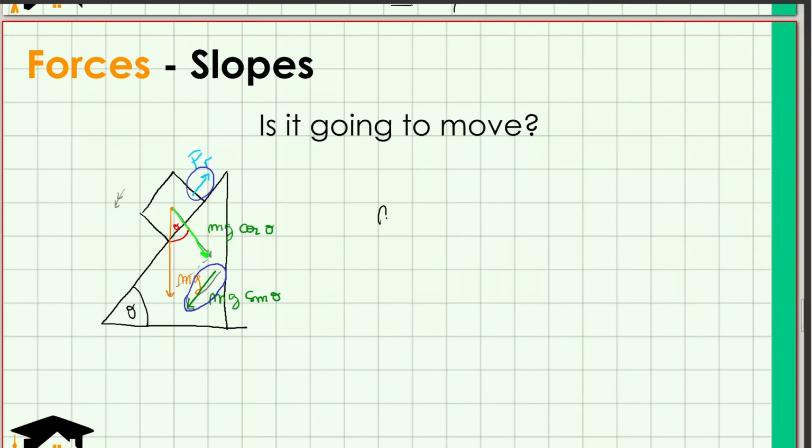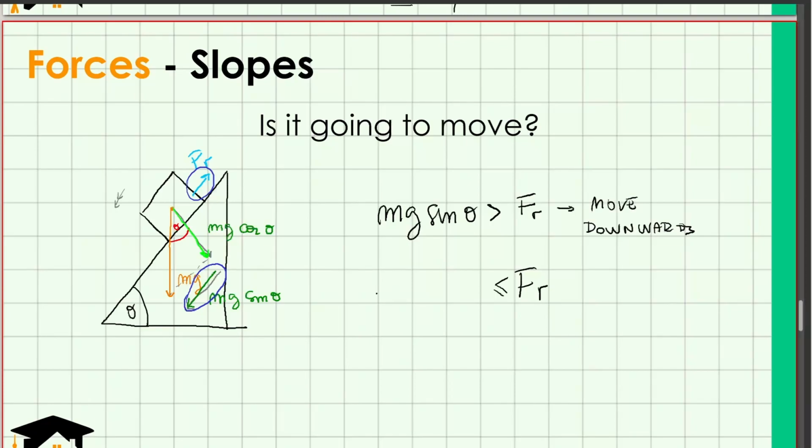Well, if mg sine of theta is greater than the friction, then this force will win, and so the object will be moving downwards. But if the friction is greater than or equal to mg sine theta, then the object is going to remain at rest.